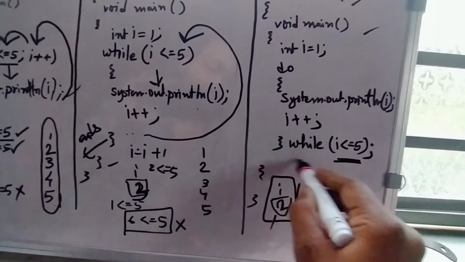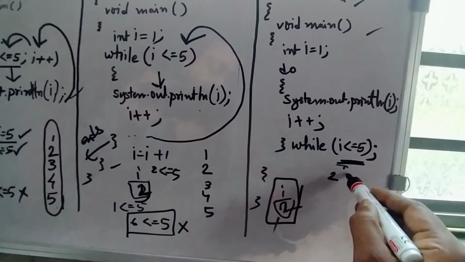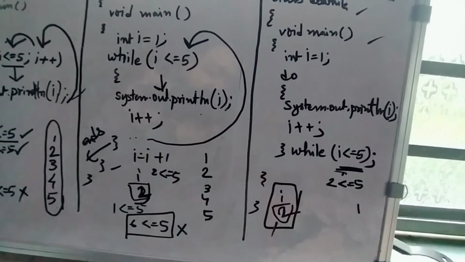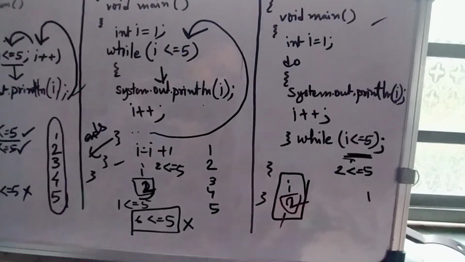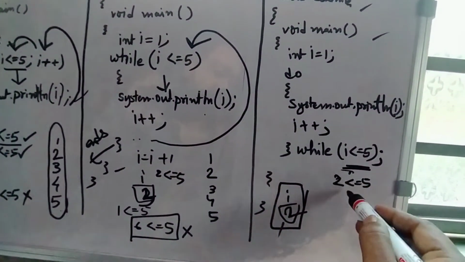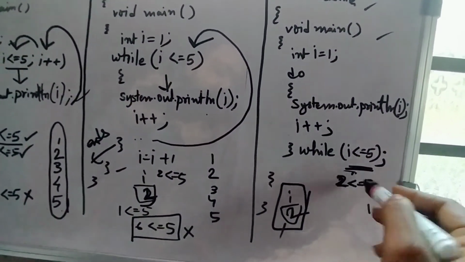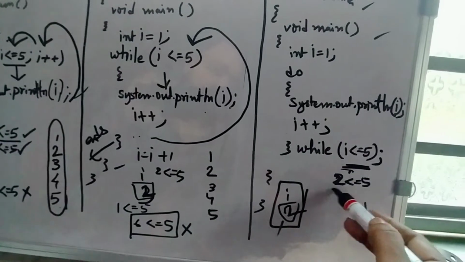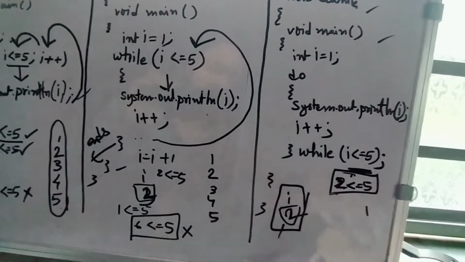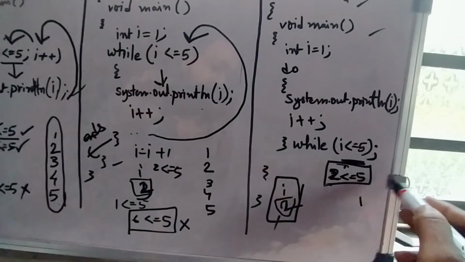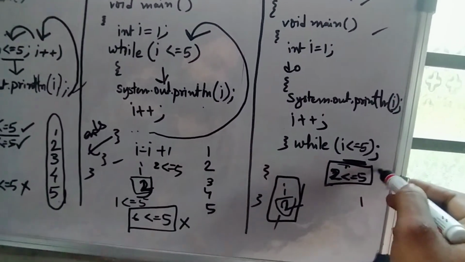So now the checking will be whether 2 is less than or equal to 5 or not. Because 1 is not here now, it has already been increased by 1, that is 2. 2 is checked with 5. Okay, the condition matches.